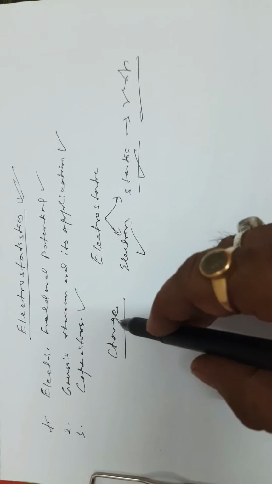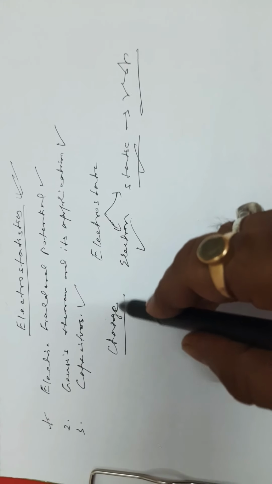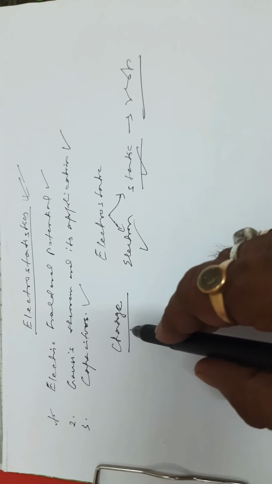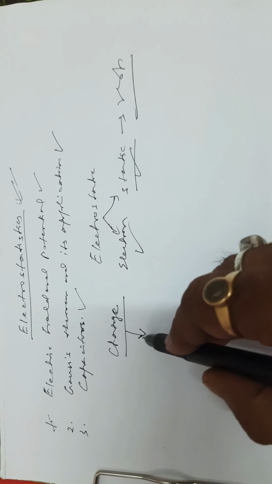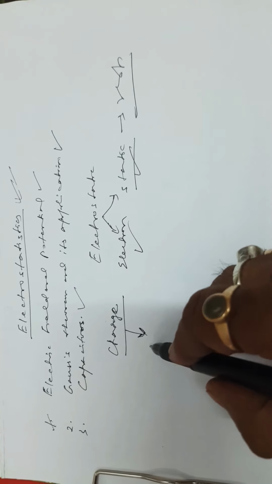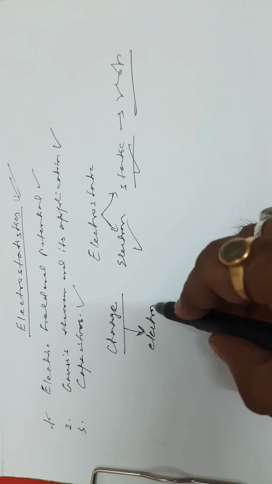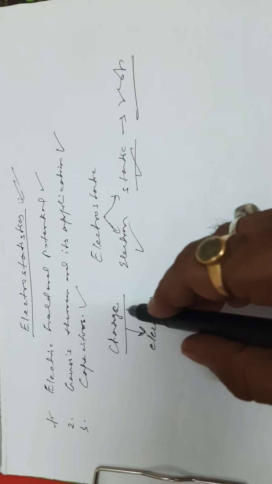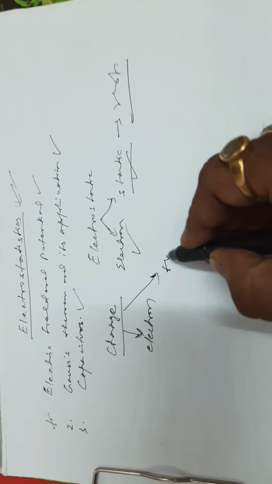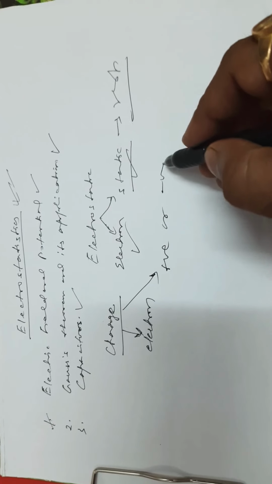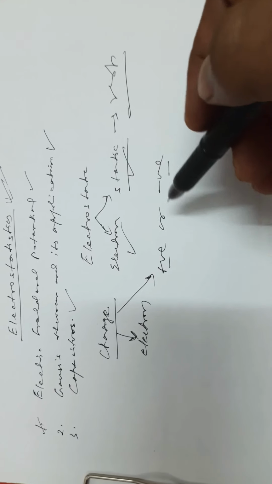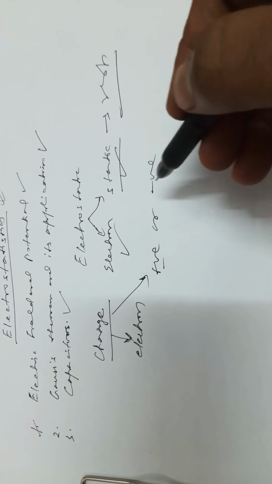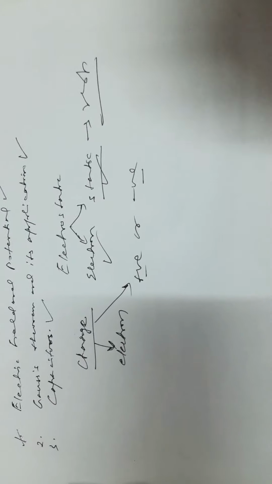Again, charge, which is the most important aspect of electrostatics, is basically associated with the electron, and this charge can further be divided into either positive or negative. So when we talk about the charge related to electrostatics, we talk about the electron.